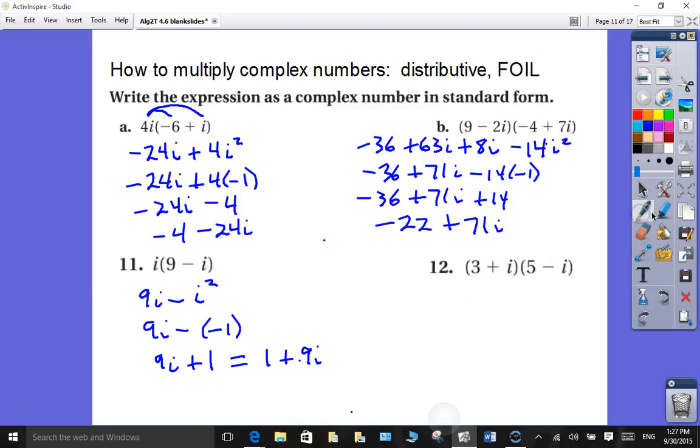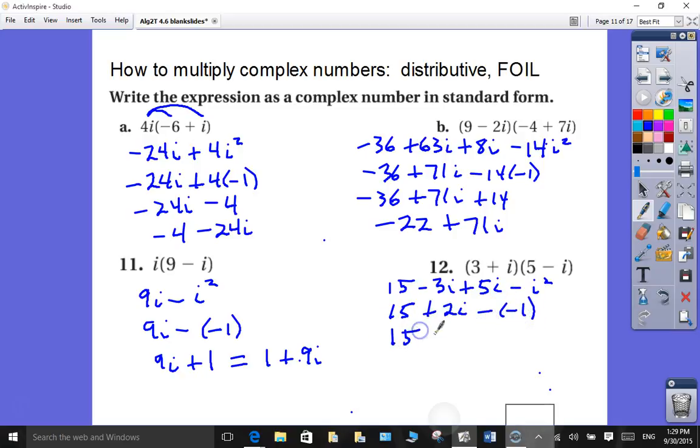Does it look right? So do the 12. So it should have been 16 plus 2i.